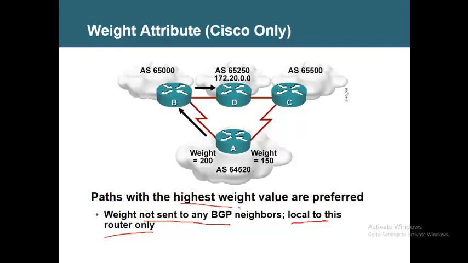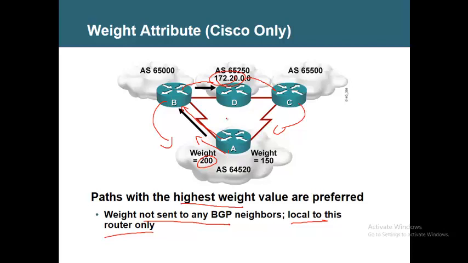Higher weight is preferred. For example, A wants to leave the site. So you give more weightage to this B neighbor. You go to A and say the neighbor address of B and give a big number. So when B and C advertise the same network, A will decide based on the weightage.